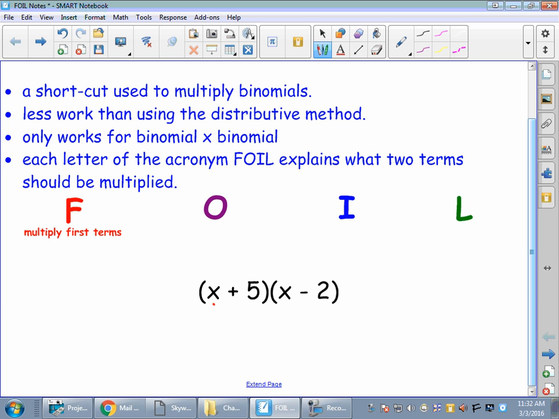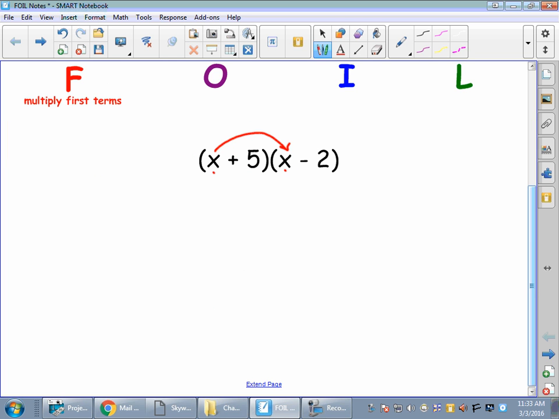So this x is first in that quantity, and this x here is first in the second quantity. So we would multiply these two things together, and you'd end up with x times x, or x squared.